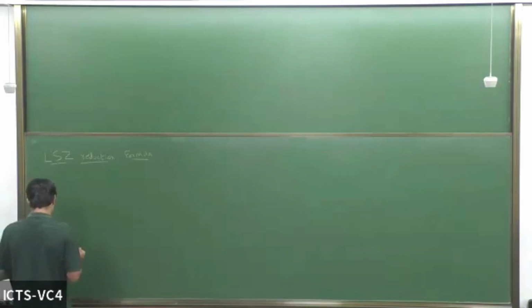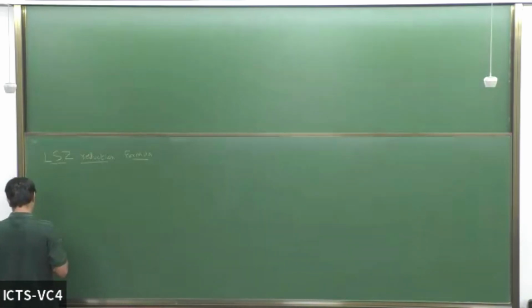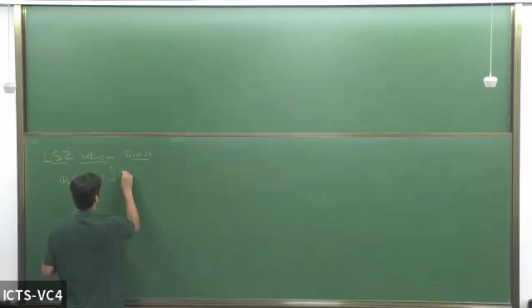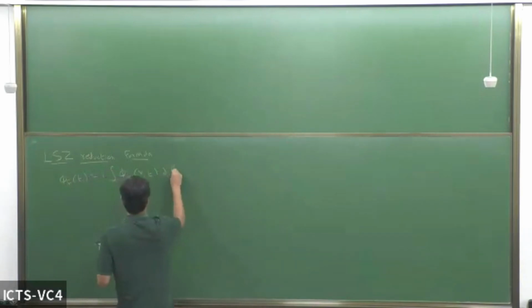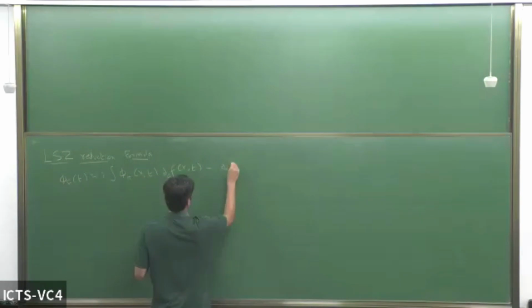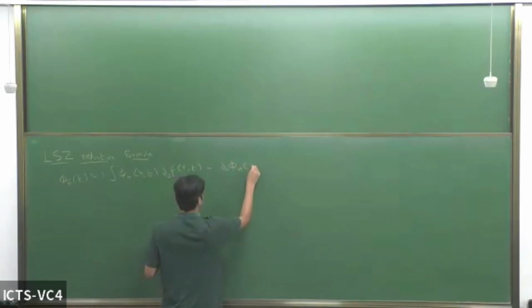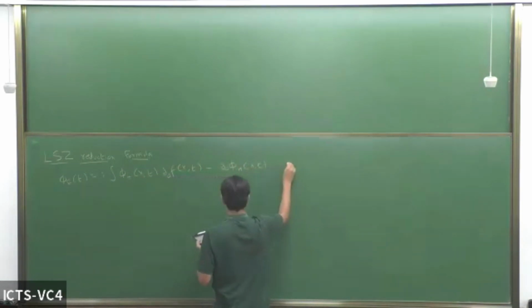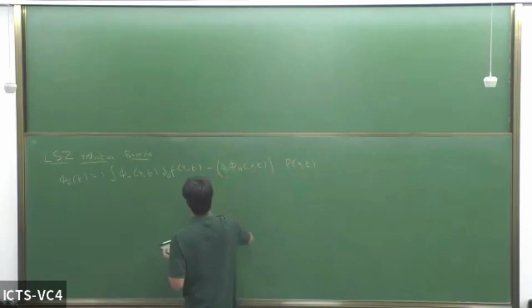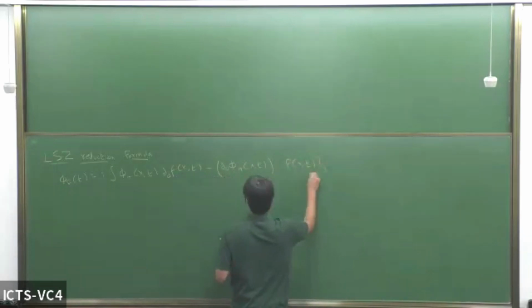We define this object which we call phi f of t, and this was i integral phi h x t, integrated over d3x.